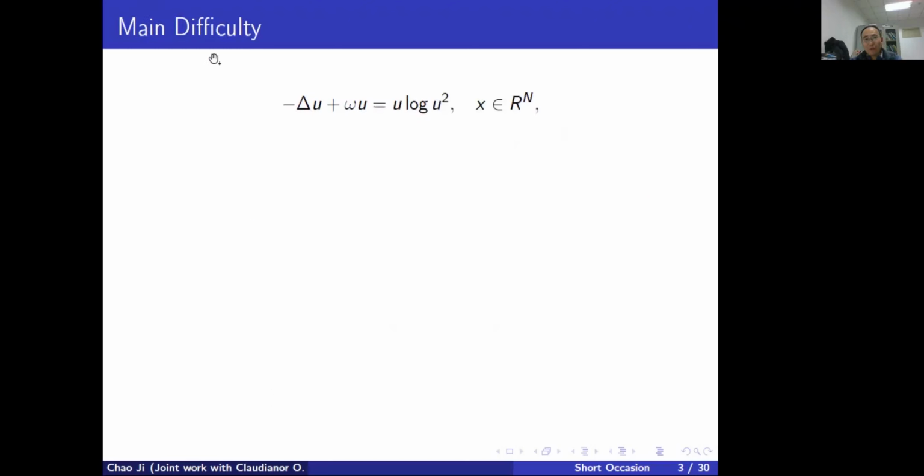Here I'll show you some difficulties when we deal with this equation. Here I assume omega is a constant bigger than -1. It's not important, just for simplicity. Later I'll show you we can weaken this assumption.